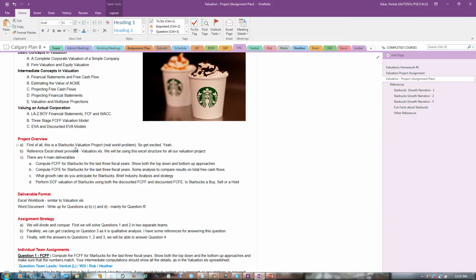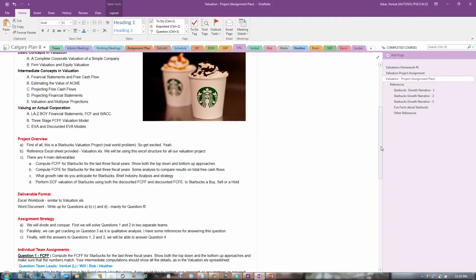However, considering the slowdown in the Chinese economy, we should see how that impacts the cash flows of Starbucks, and then discount that for the intrinsic value, and then decide whether it's a buy, sell, or a hold. Anyways, all this analysis will take place in question number 3, which will evaluate the growth rate, and we'll be using that to answer question number 4.